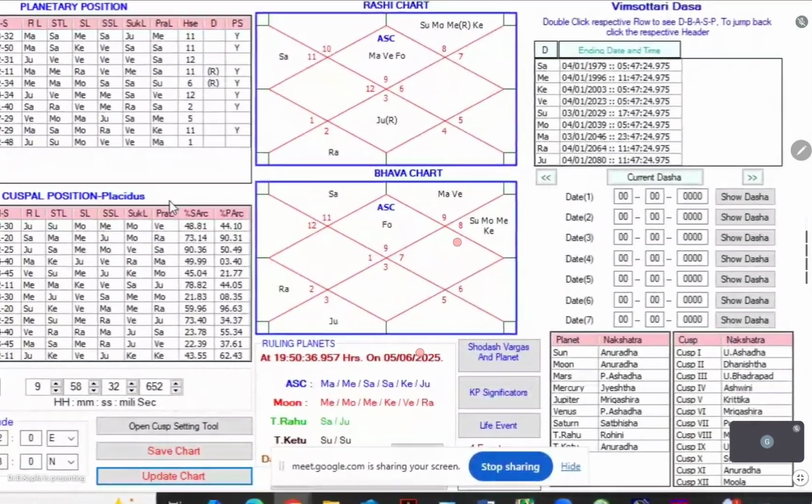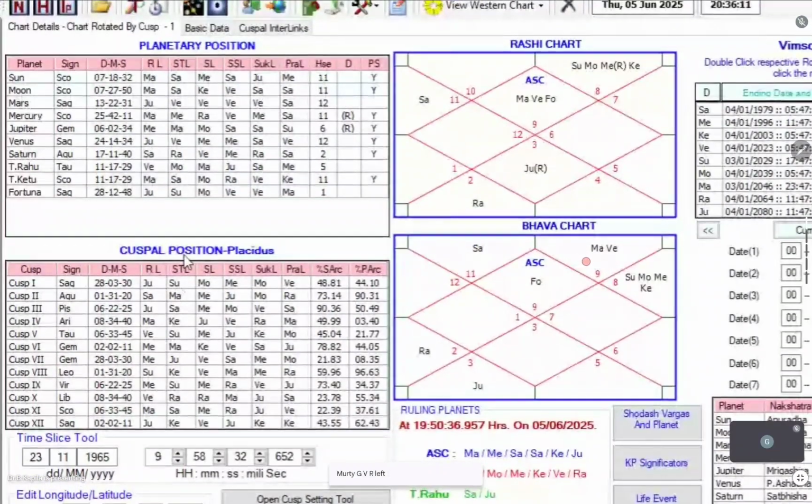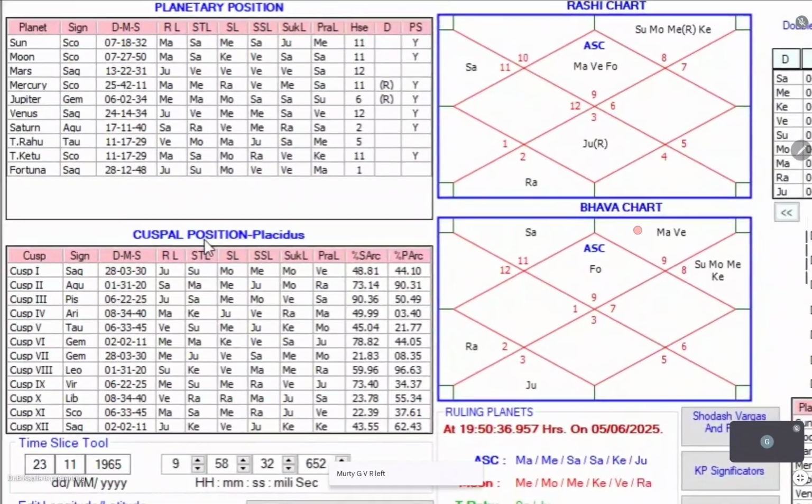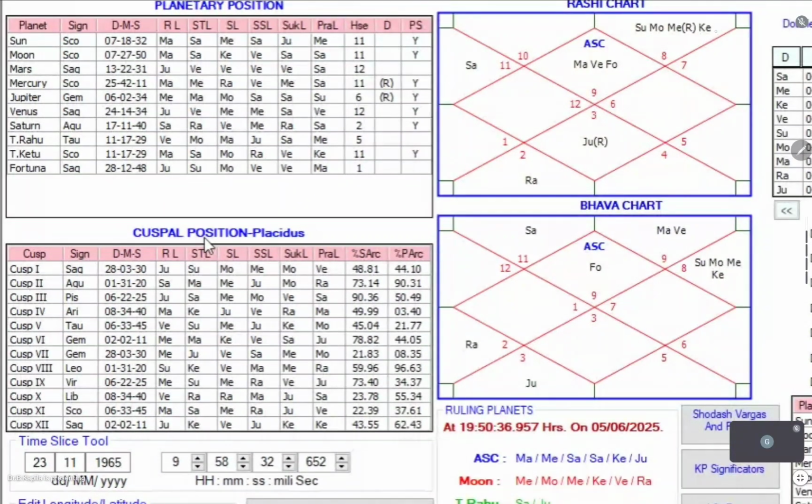So just repeating what we have discussed so far, the very first point was fixing the ascendant subsublord depending upon the Moon star. The Moon star here is Saturn and the ascendant subsublord is Mercury.